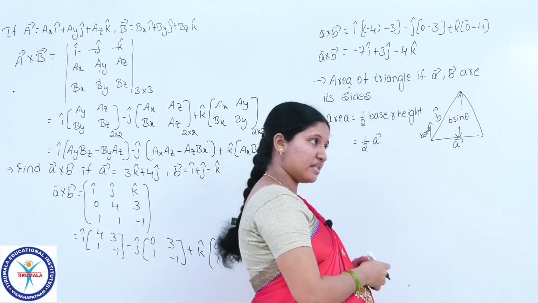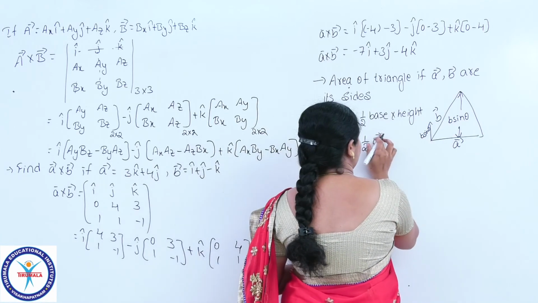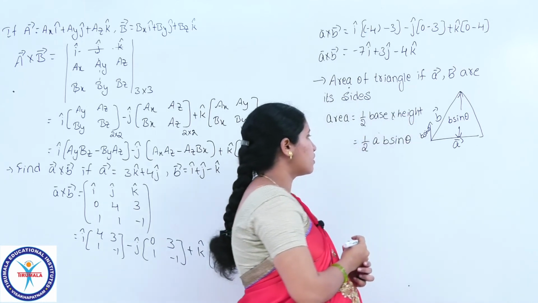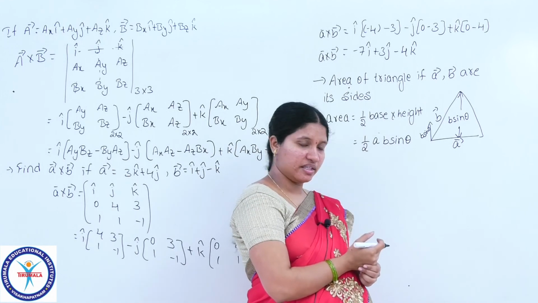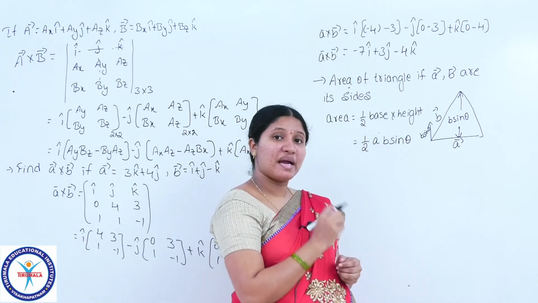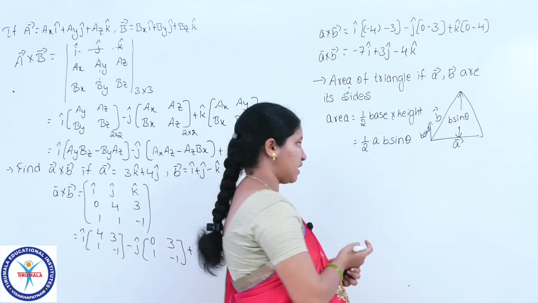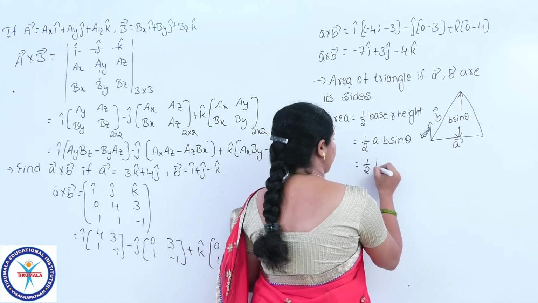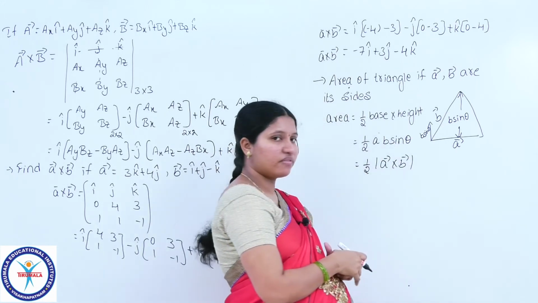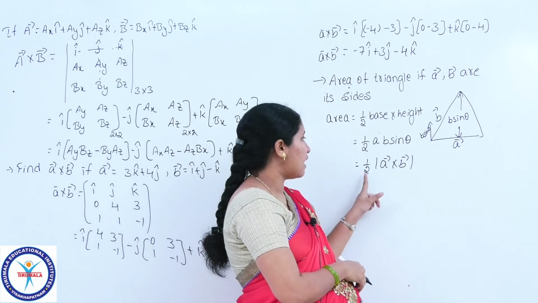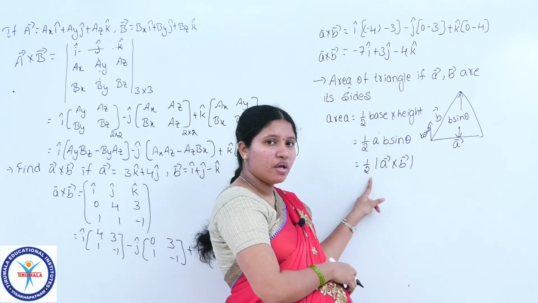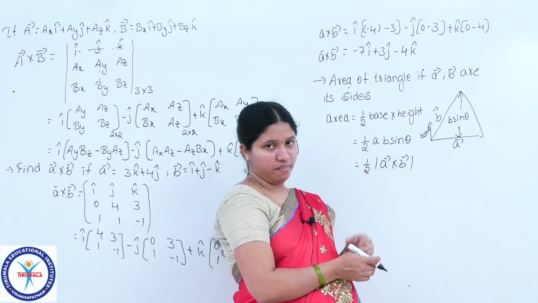If you see, a b sin theta can be written as the magnitude of a bar cross b bar. So, half magnitude of a bar cross b bar. So, the area of triangle formula is half a b sin theta, or also we can write it as half into the magnitude of a bar cross b bar.